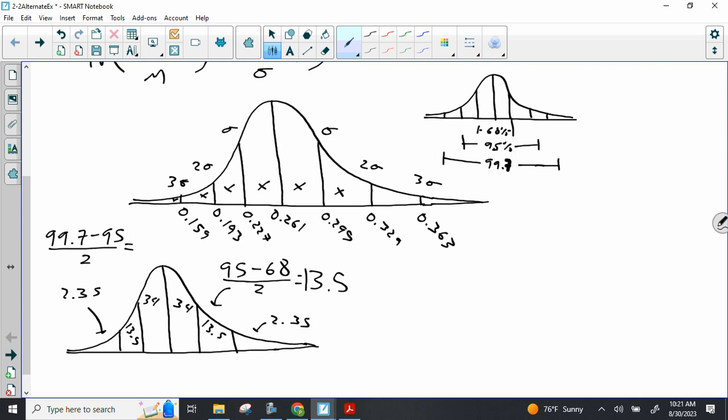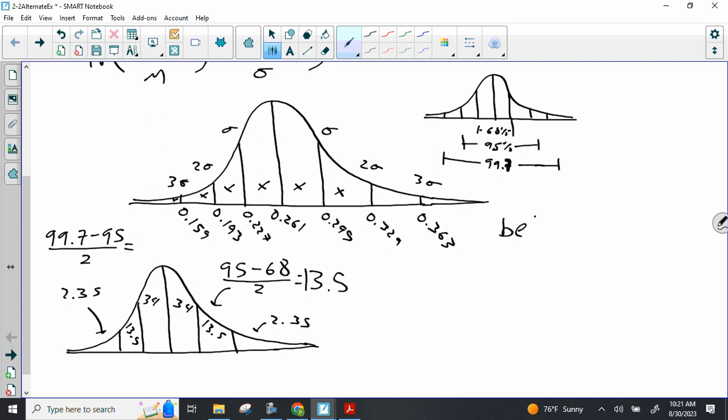All right, so what is that? 68 plus 27 plus 2.35. So that's better. So I did, in this case, for above. Below, I mean. Golly, why do I keep doing that?